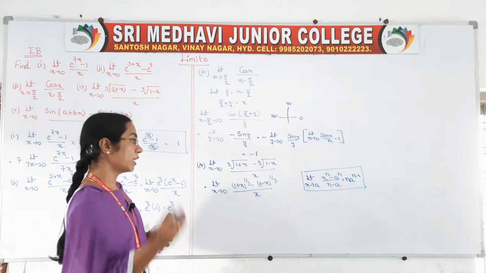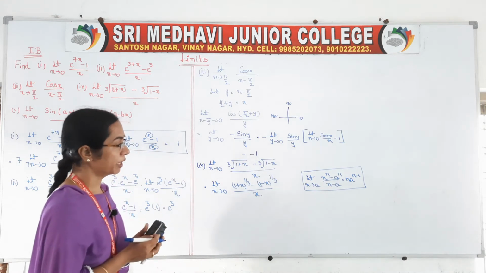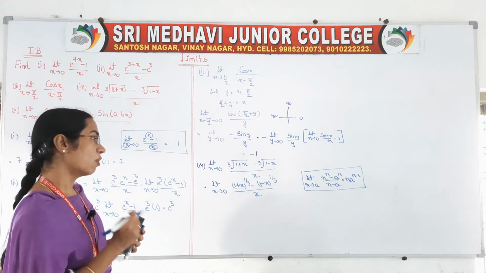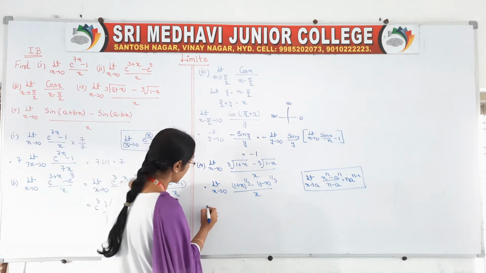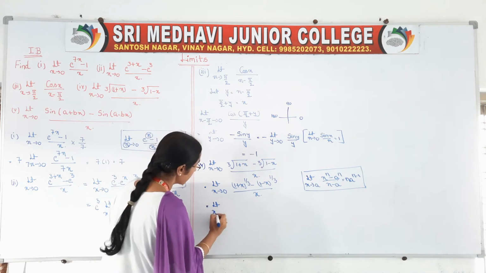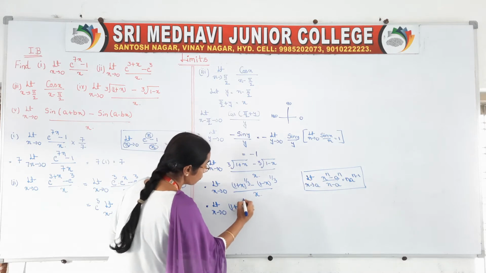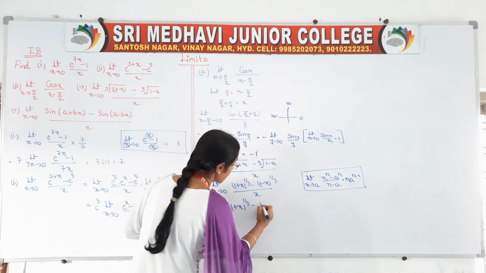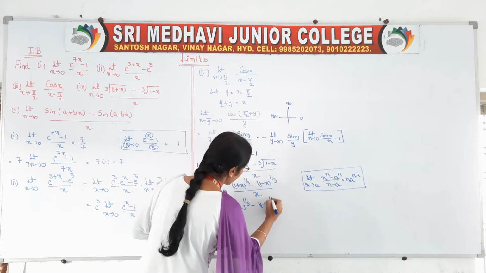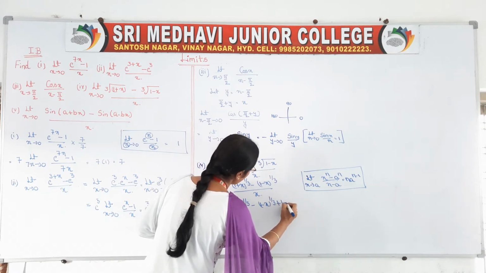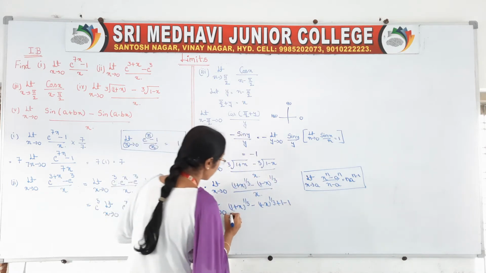So now try to convert this problem into that form. How can we convert it? Observe carefully. Limit x tends to 0, (1 plus x) to the power of 1 by 3 minus (1 minus x) to the power of 1 by 3, adding and deducting 1.